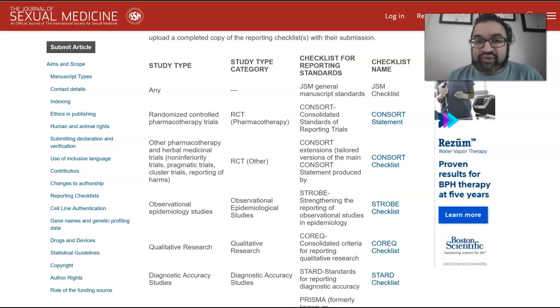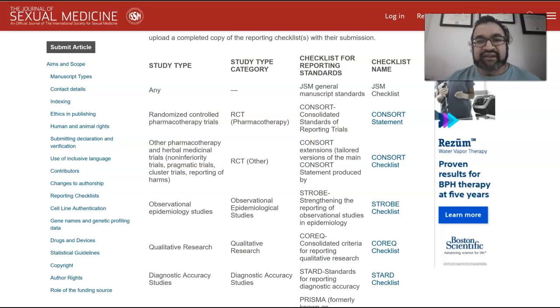As I was going through the author requirements for one journal, I saw that there were so many checklist names that were familiar, but then others that I hadn't used much. So I decided that it was important for me to explain the differences between the types.